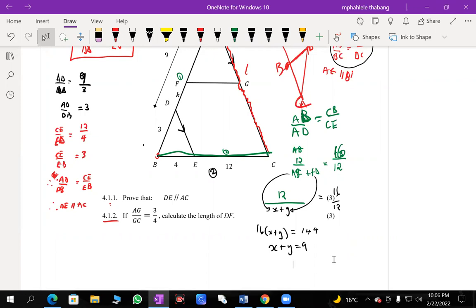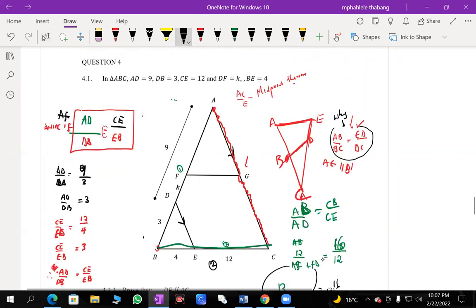It shows you can do a lot. It tells me that you can do a lot. But you will come back to the simple truth. Here we have x plus y equals 9. Whichever way, the simple truth here is that AF plus FG is 9.